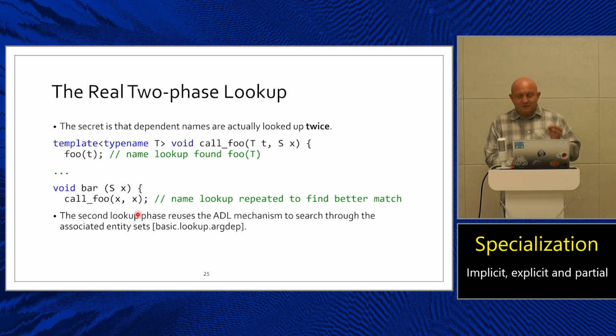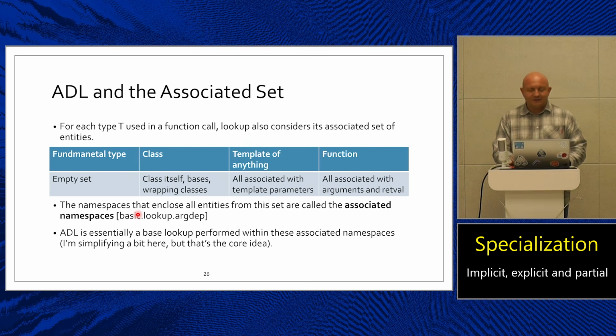And we are using it to search through what the standard calls the associated entity namespaces. So what is an associated entity set? It's defined for the types involved in the function call. For fundamental types like int, the associated entity set is empty.